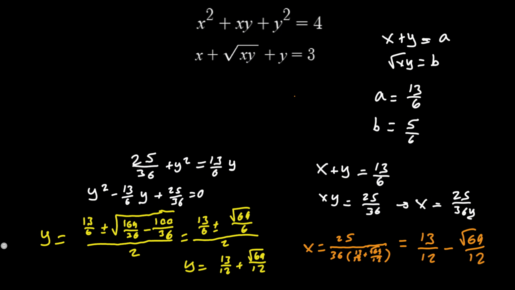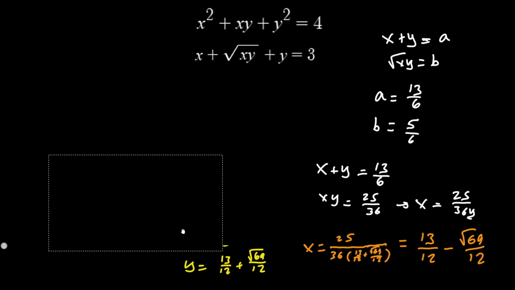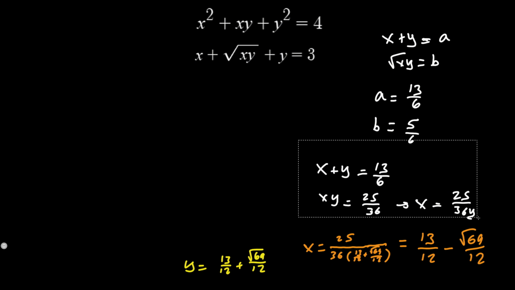But verifying our solutions is going to be a pain. So what I will say is that I will not verify my solutions because it is a pain. Well, not really, right?